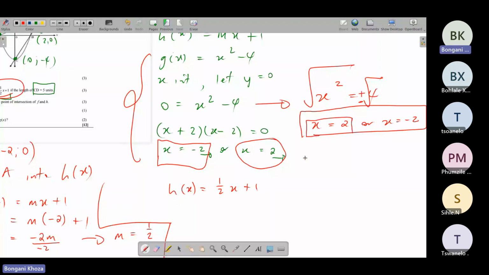It won't be correct because this value you already know, this is the other value that you're looking for. So that means you won't get that question correct. Any questions regarding that one? No, sir. All right. Let's see.